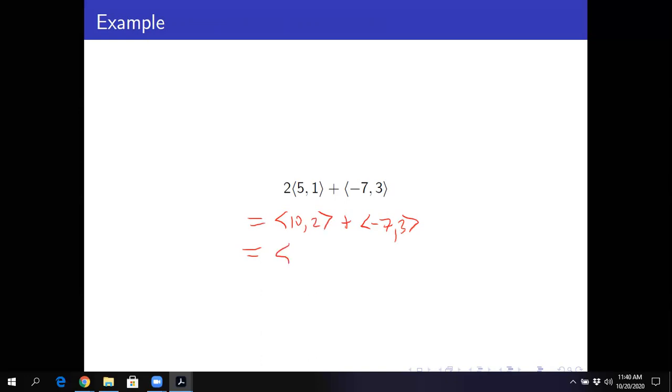I first stretched that first vector by a factor of 2 in both the x and y directions. And then I added it to the other vector, and I'm asking what is the combined x and y displacement of these two vectors? I will see that it's 3 in the x direction and what in the y direction? 5 in the y direction. So that's (3, -5). Any questions on that?